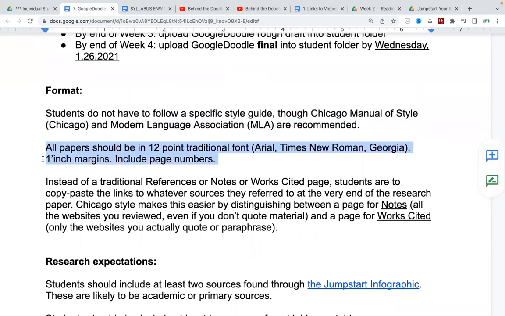They are more about making a document as clear for the reader as possible and making the flow of communication as frictionless as possible. That's the whole point of a style guide. So I will not be taking off points if you don't cite something in MLA, for instance.